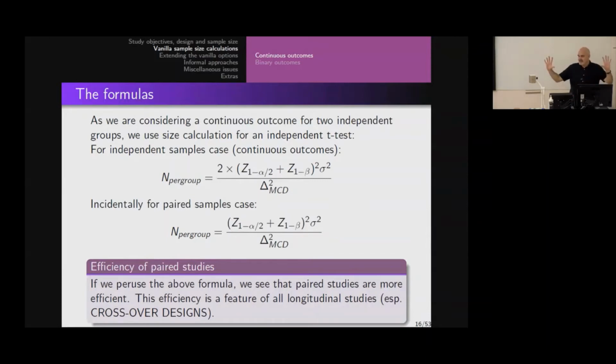Whereas in 2 independent samples, there's also the natural variation in people that we throw in with the treatment effect. And by the way, this higher efficiency of paired samples is nowhere better displayed than in crossover designs. All else being equal, crossover designs need about 1/6 of the number of patients that an independent sample needs. The only problem with crossover designs is they only work in very specific situations.